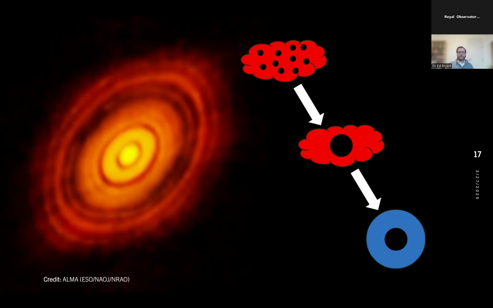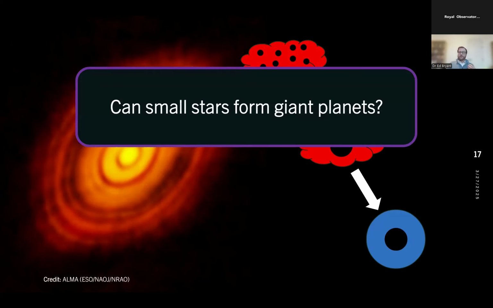And so the theories predict that it should become much, much harder to form these giant planets as you go to a smaller, less massive star. In fact, some of the theories predict that once you get down to maybe 30 or 40% the mass of the sun, it should become impossible to form these giant planets through this mechanism. There should just not be enough material available to form these planets.